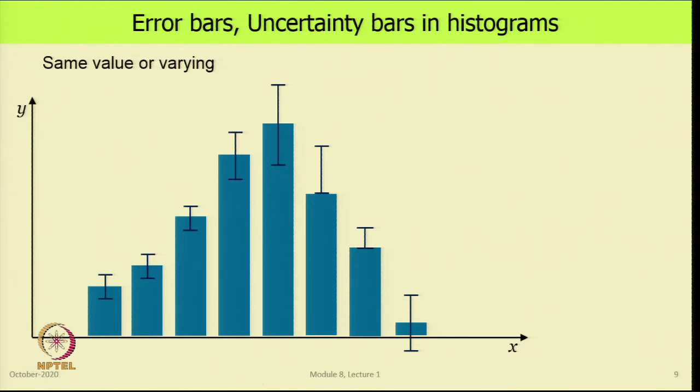Another thing is, how do we show these uncertainty bars in histograms? So, here is the example of that. What we have shown here is that at this value y value is this much, at this value y value is this much, and at this mean value it is this much, and this is the width of the histogram.